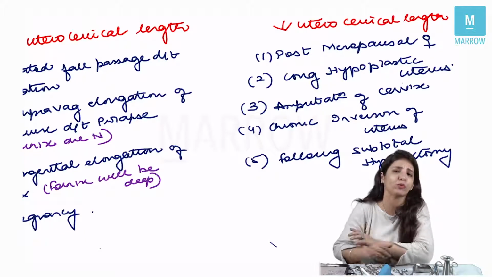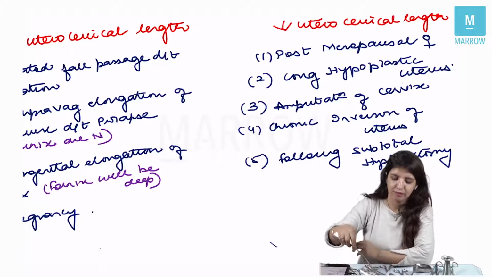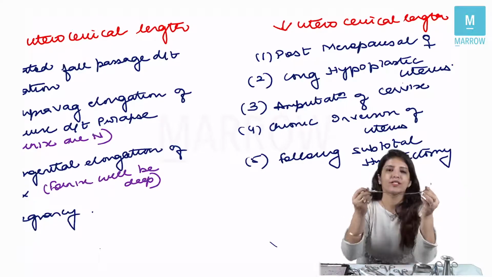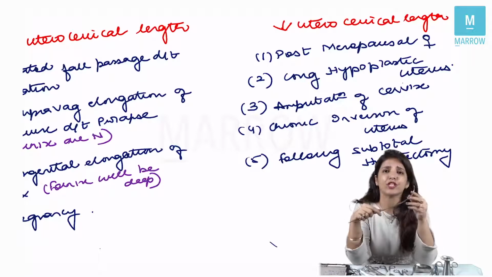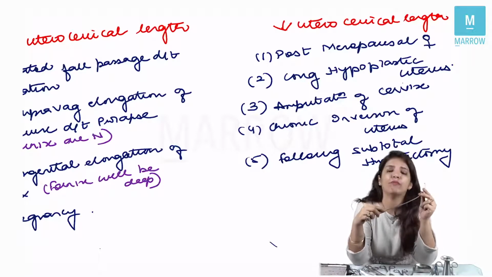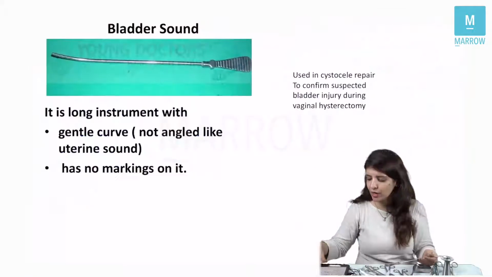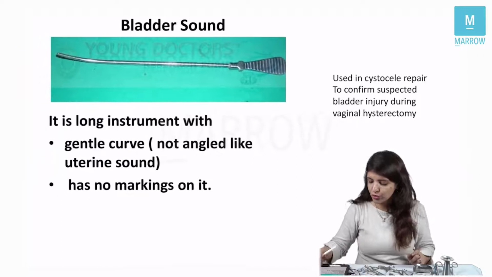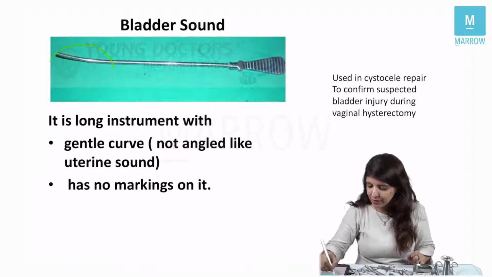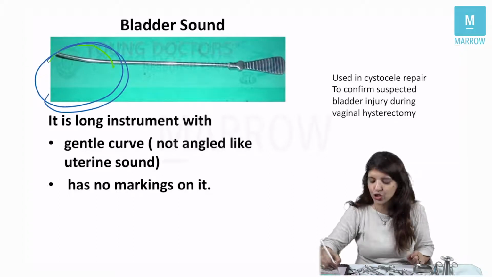But the most important question which the examiner is going to ask you the moment they give you a uterine sound is, they will say, have you seen a bladder sound? How do you differentiate a bladder sound from a uterine sound? So I don't have a bladder sound. I want you to look at the image here. In the image, what I want you to see is that in the bladder sound, this curve over here is very gentle.